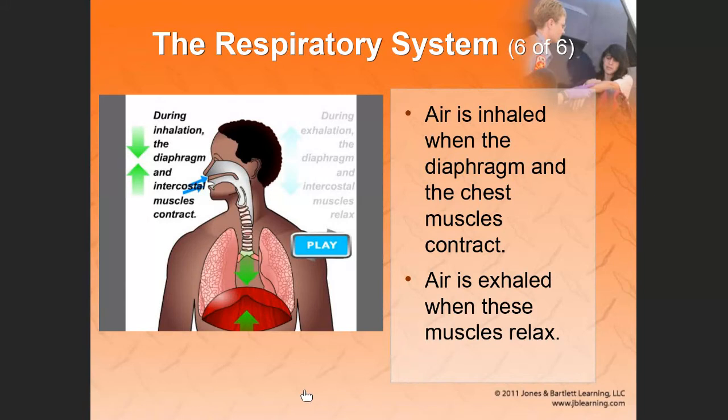It has the inhalation phase and the exhalation phase. One of these phases is active, the other is passive. Active means muscle use is required. So in the active phase, which is inhalation, the diaphragm contracts and the chest muscles contract.